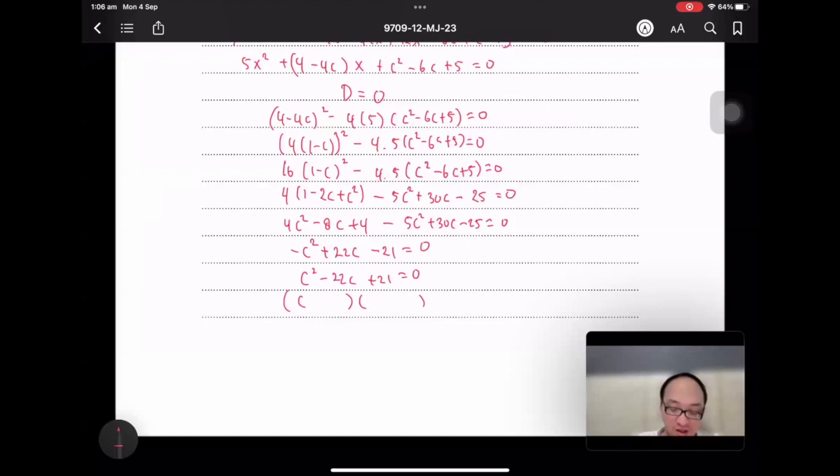So (c minus 21)(c minus 1) equals 0. So c equals 21 or c equals 1. So the equation of the line will be y equals minus 2x plus 21 or y equals minus 2x plus 1.